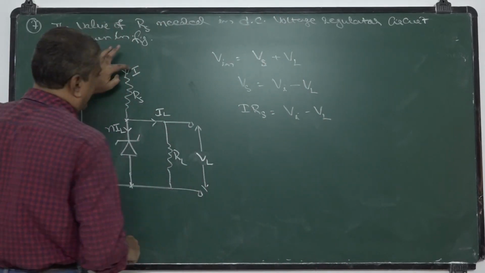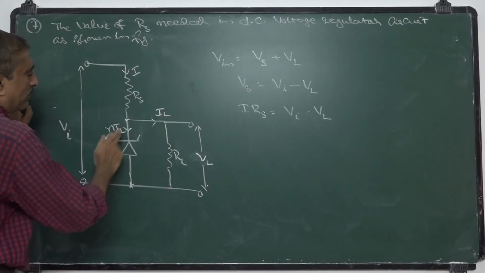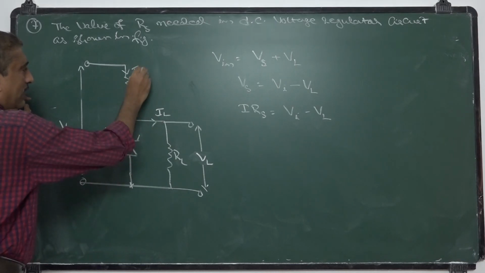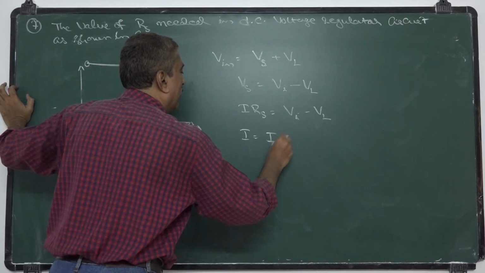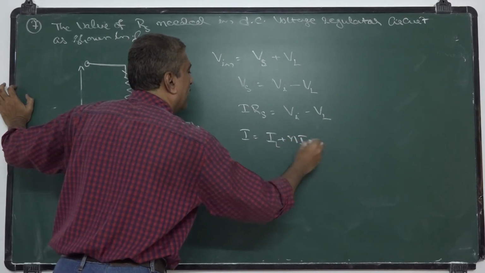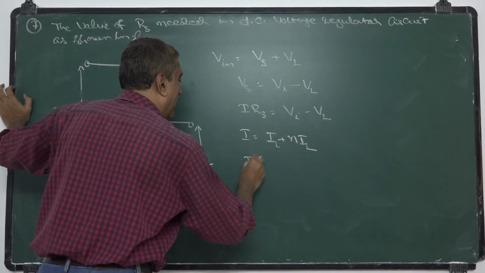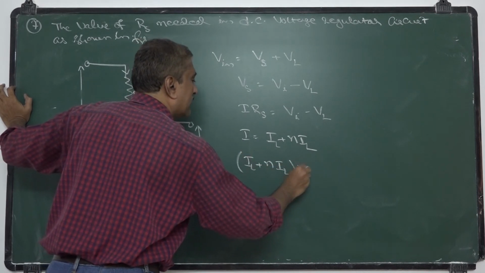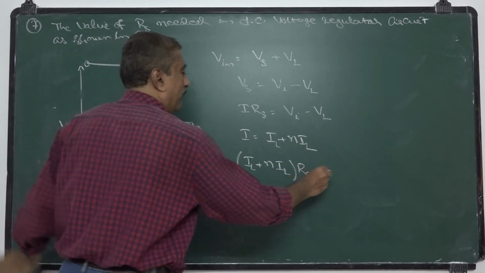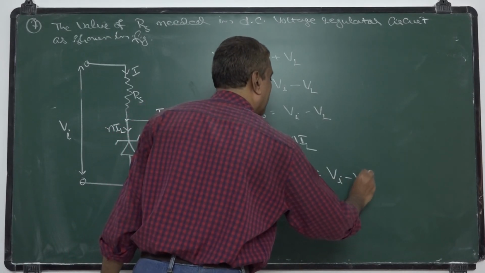If the total current is I, and that splits into IL plus NIL, so total current I is equal to IL plus NIL. So substituting here, IL plus NIL into RS is equal to V input minus V load resistance.